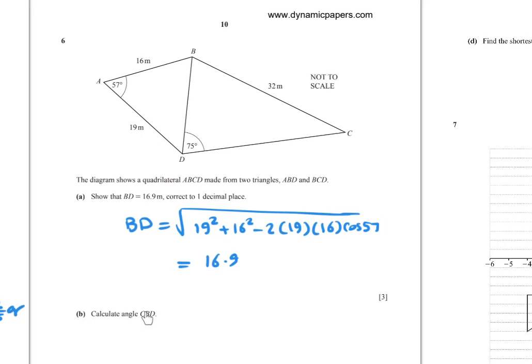B, calculate the angle CBD. So we need to find this angle. Now we have BD is 16.9.